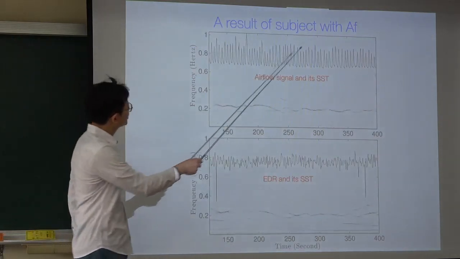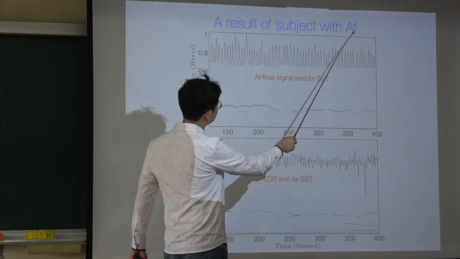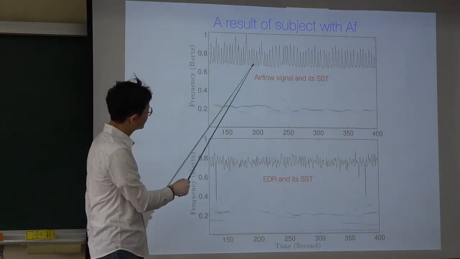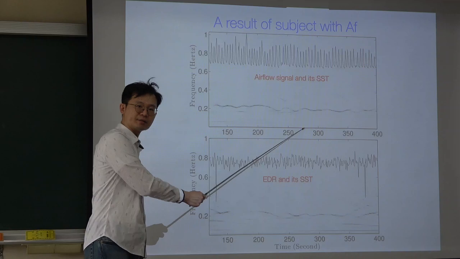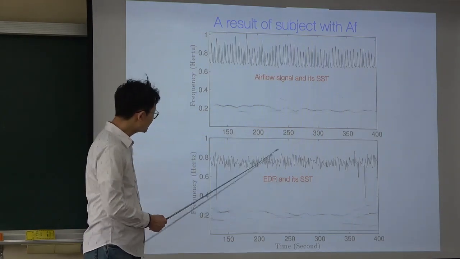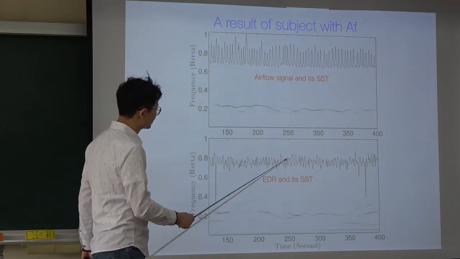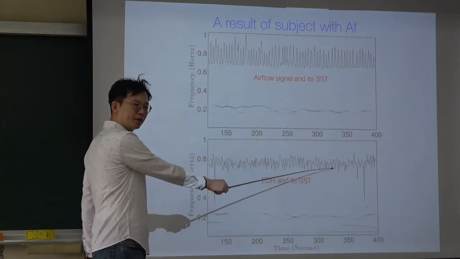But this is a signal of a subject with atrial fib. You can see this is a respiratory signal, and you can see the dynamics due to synchrosqueezing. And this is the EDR signal, which looks just like noise or very, very irregular.